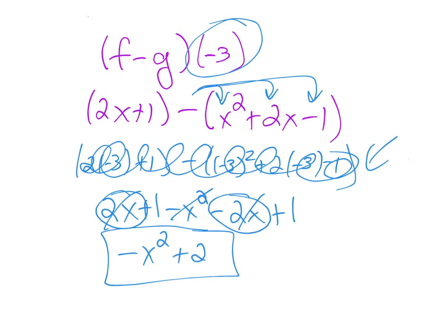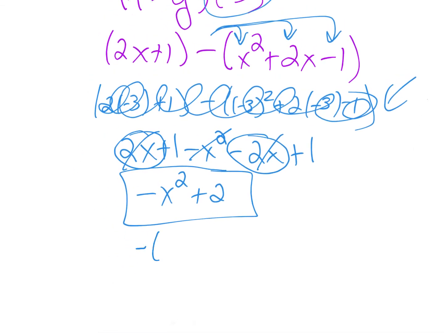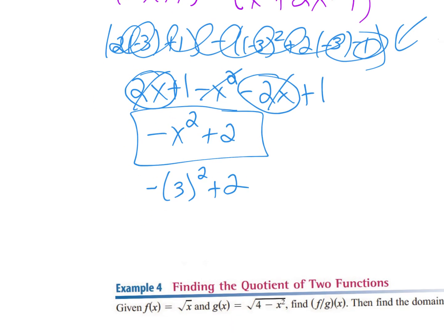So if this question said f minus g of x, this would be your answer. But I gave you a question and I said, okay, evaluate this when it's negative 3. So from this step, you would say, okay, I have negative 3 squared plus 2. What's my answer here? Negative 7.